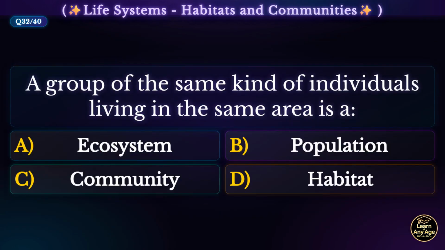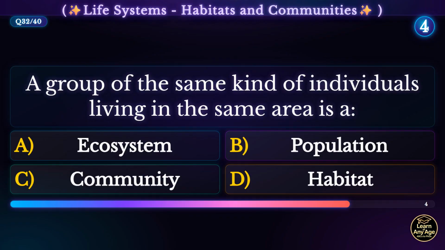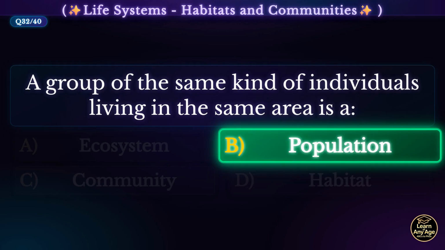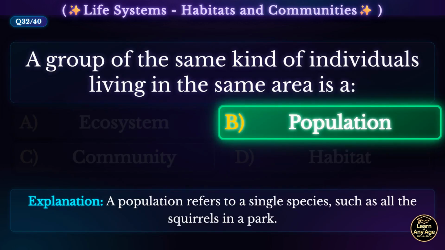A group of the same kind of individuals living in the same area is an ecosystem, population, community, habitat. Population. A population refers to a single species, such as all the squirrels in a park.